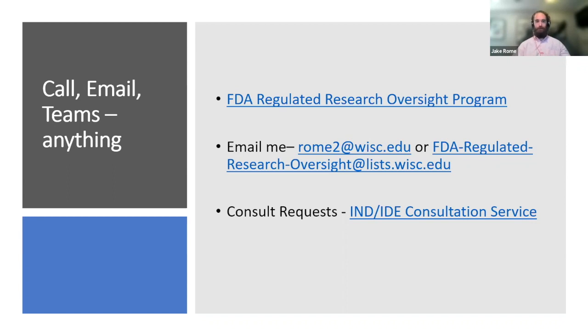So in that sense, it either increases the risks or it lowers the benefits. If it does one of those two things, that's when you're going to fall into the potential category of requiring an IND. And the FDA does also have good guidance, particularly for cancer treatments, about when an IND might be needed versus when an IND would be exempt.